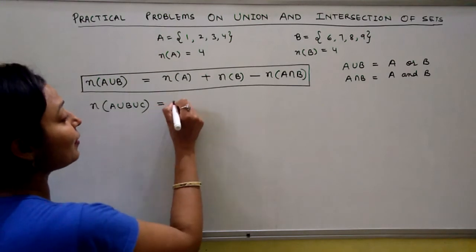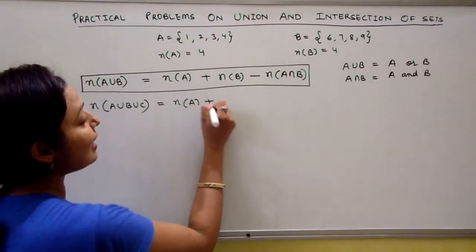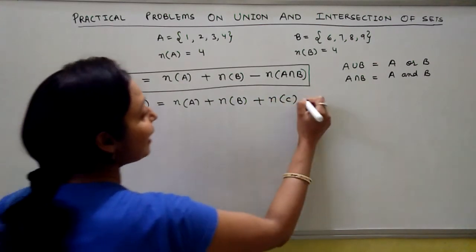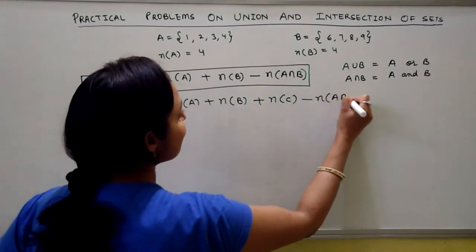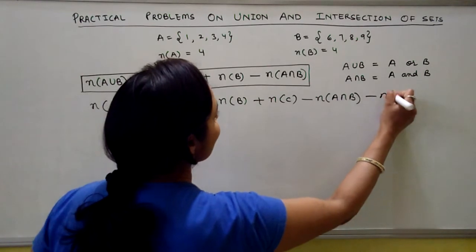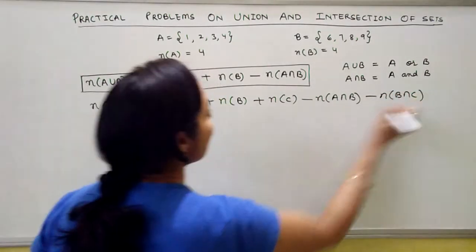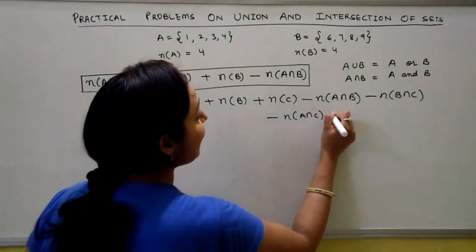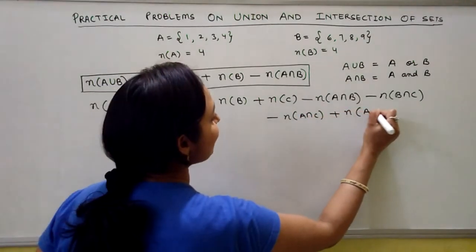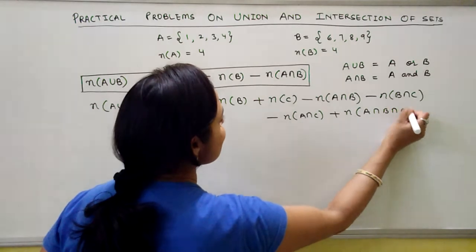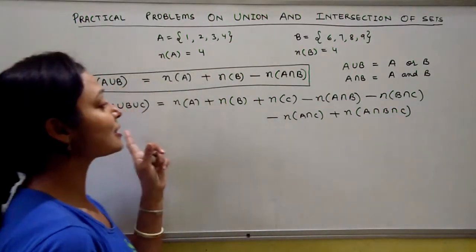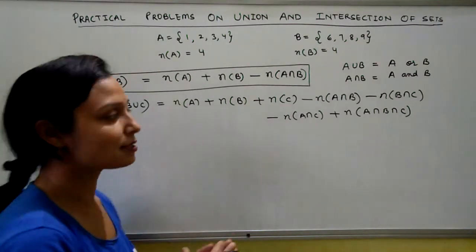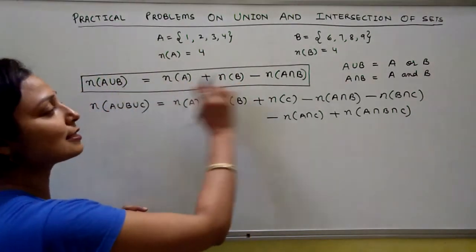In 3 sets there is n of A plus n of B plus n of C minus n of A intersection B minus n of B intersection C minus n of A intersection C. At the last we add n of A intersection B intersection C. Right? So this is the formula for 3 sets, but it is rarely used in any questions. The maximum used formula is this.